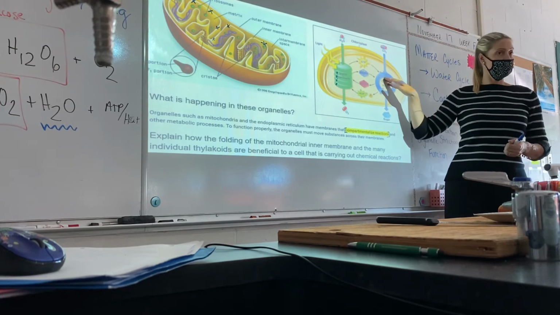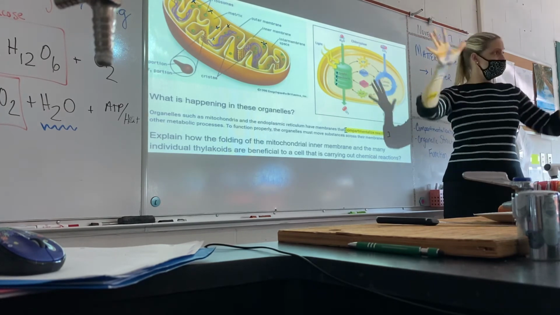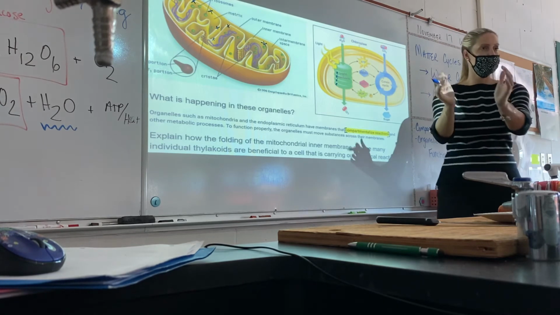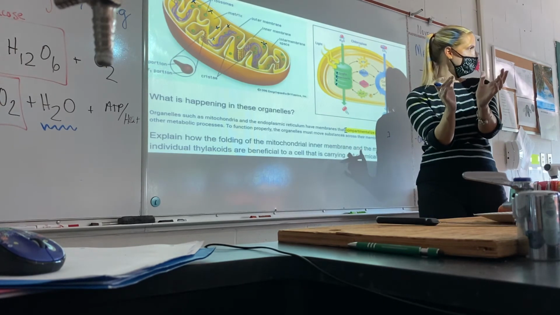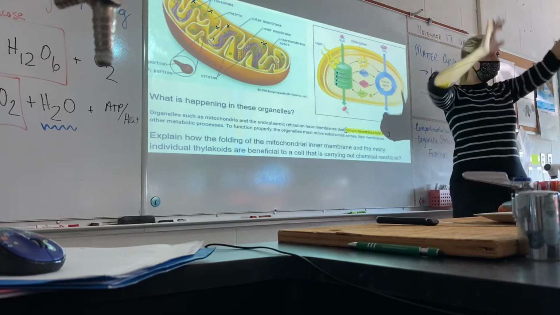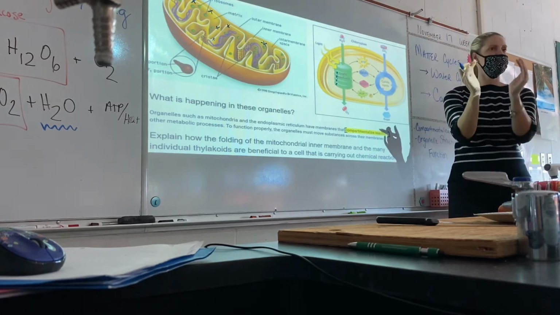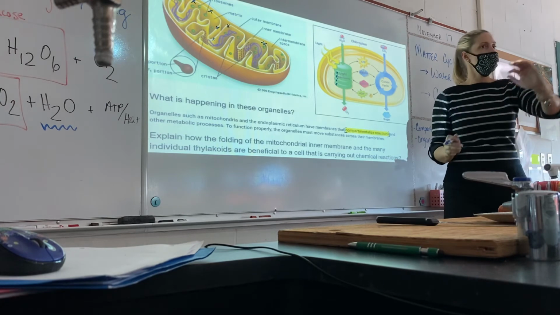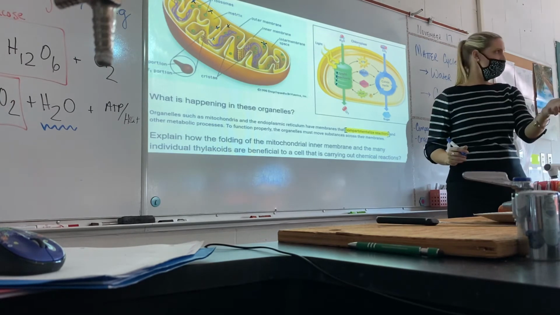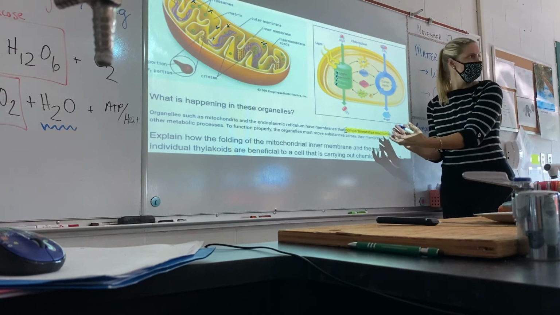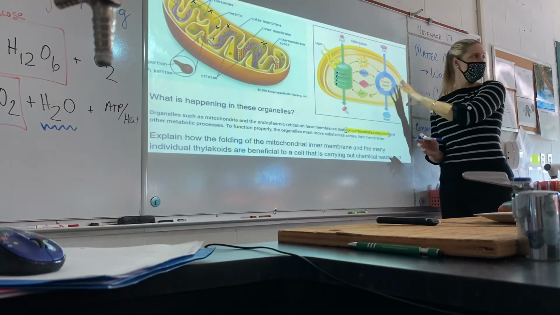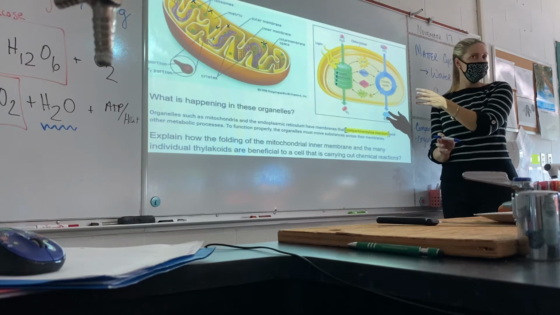So what it's doing is, with all of this stuff that's going on, it's saying, okay, here's my spot for this one reaction to happen, right? This one type of reaction to happen. It's not going on all over the cell. It's got a specific place to do it. So we're sort of organizing the chaos a little bit inside of cells by giving a specific location for those reactions to occur. Does that make sense?